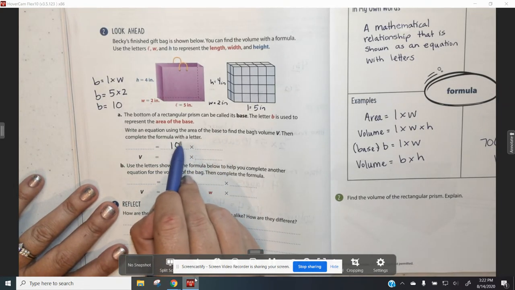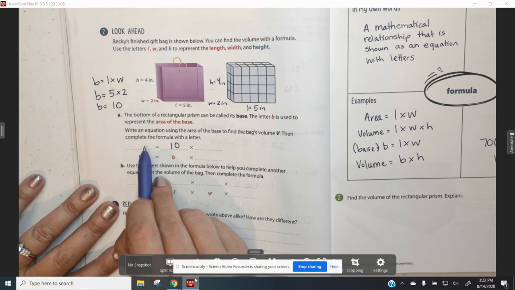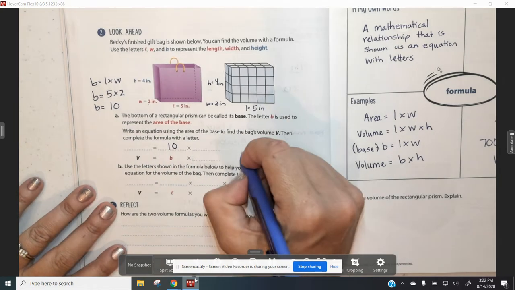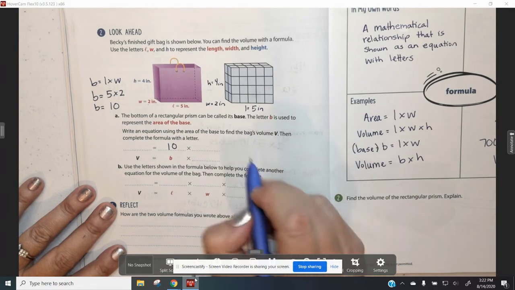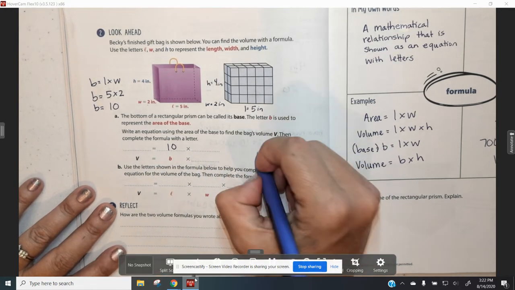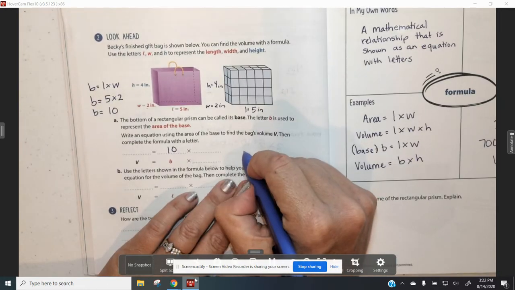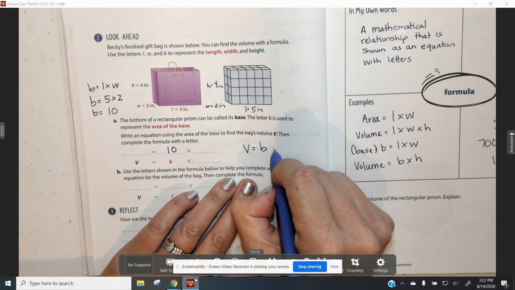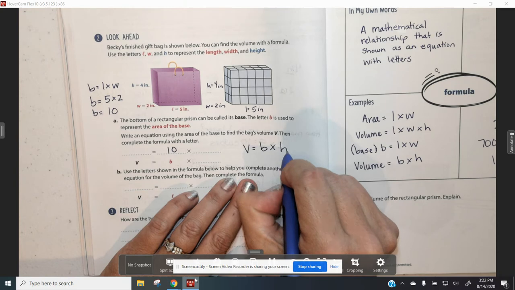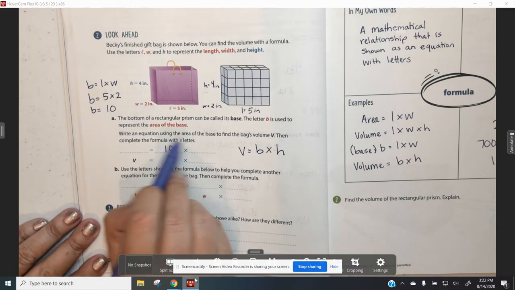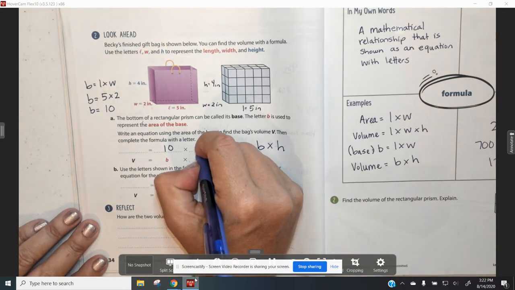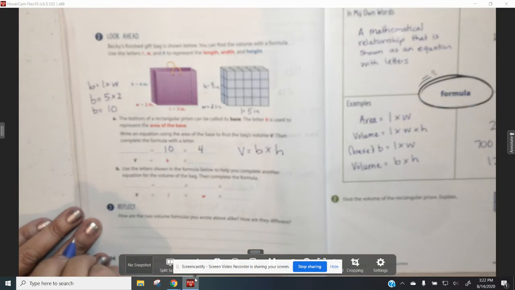Now, what do we multiply the base times to find out our volume? We multiply the base times the height. So this is the formula we're looking at. The volume equals the base times the height. So what is the height of our bag? 4 inches. So we're going to put a 4 there.